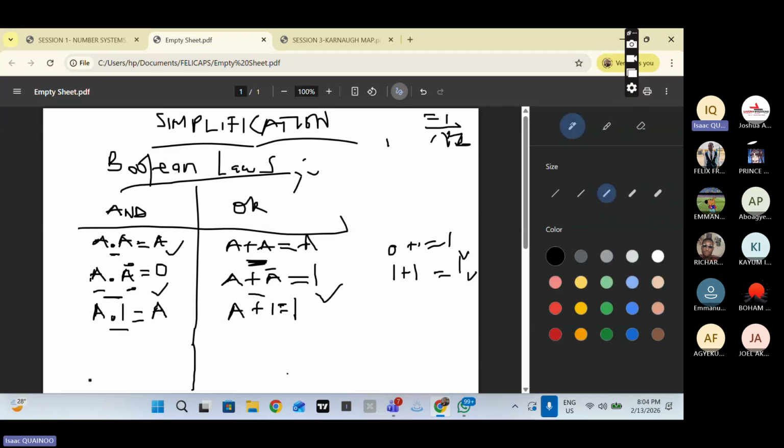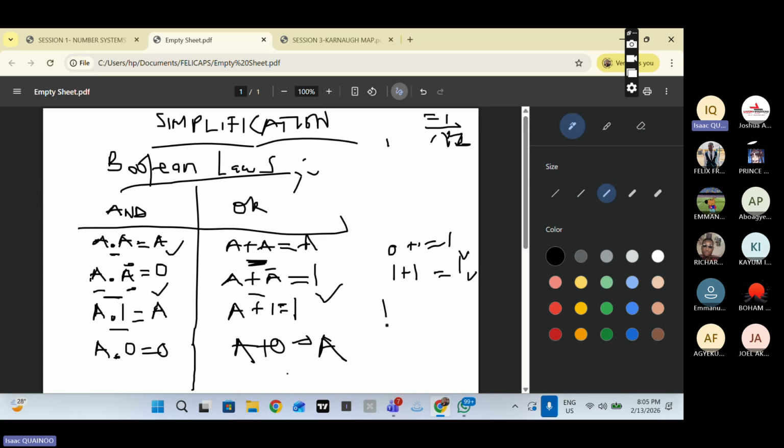So let's look at the next. If you have A times 0, that will give you 0. And then if you have A plus 0, that gives you A. To justify this, we can just use the inputs.